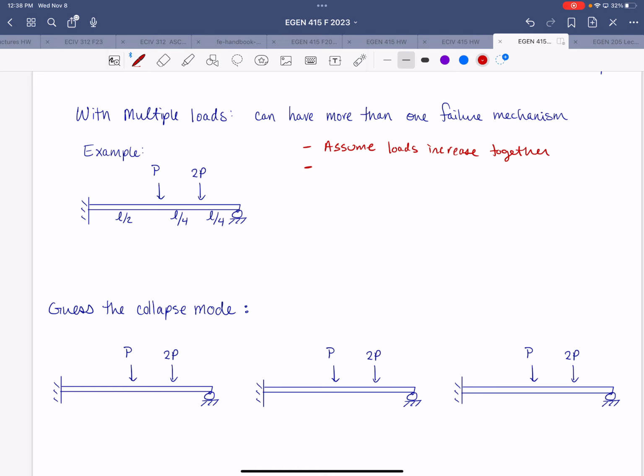So the collapse will correspond to when P is equal to Pu and 2P is equal to 2Pu. We're also going to assume that we have ultimate moment, Mu, throughout the entire length of the beam.